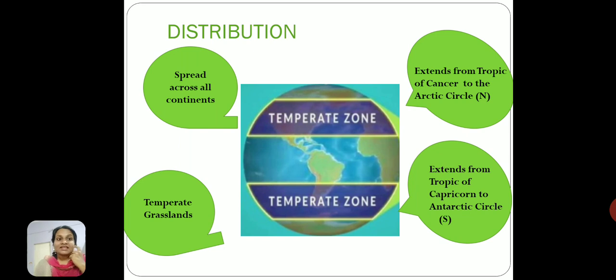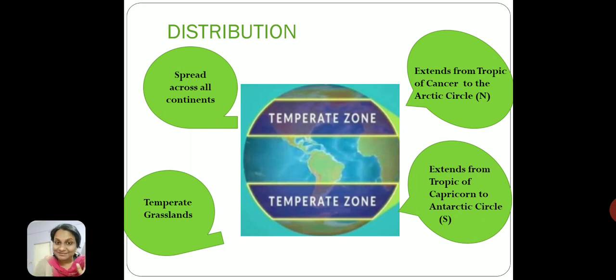Like I said, in the northern hemisphere, it extends from the Tropic of Cancer to the Arctic Circle, that is 23.5 degree north to 66.5 degree north. In the southern hemisphere, it extends from the Tropic of Capricorn, that is 23.5 degrees south, to the Antarctic Circle, that is 66.5 degrees south.